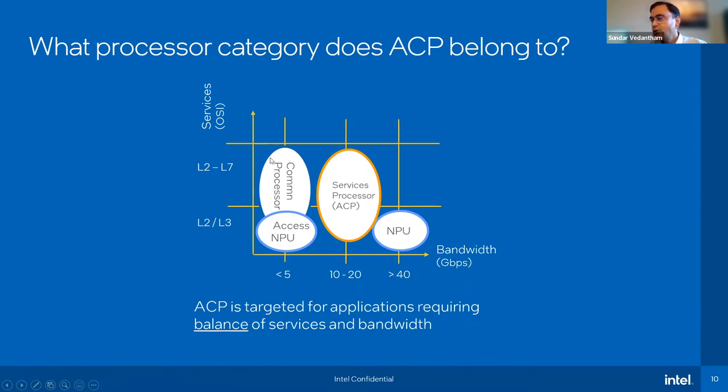Or you go to this end where it's a communication processor, meaning you have a lot of CPU capacity, and so you can do whatever you want, but at a much lower speed, right? Or a combination of these. So the ACP that we were working in was kind of in this range. It can't compete with NPU level, but it's much more flexible than a regular simple CPU kind of thing.